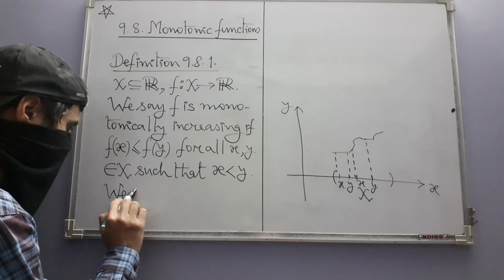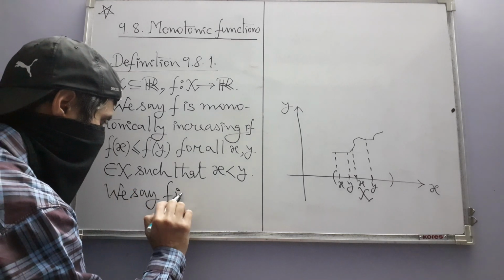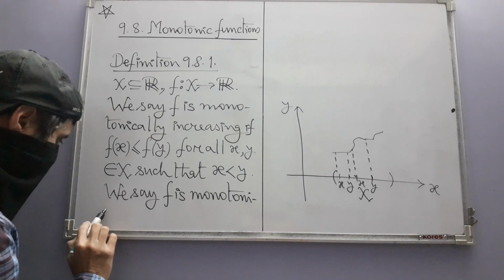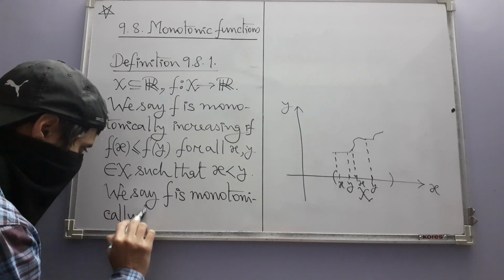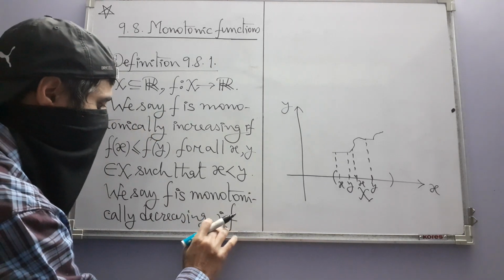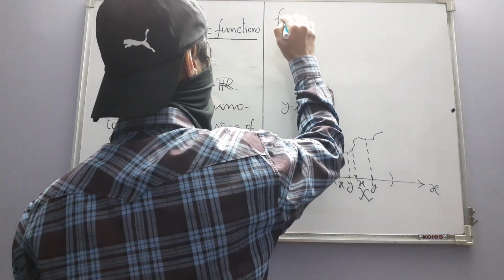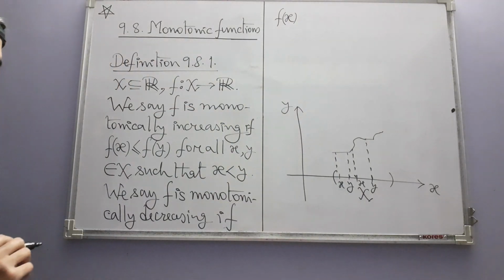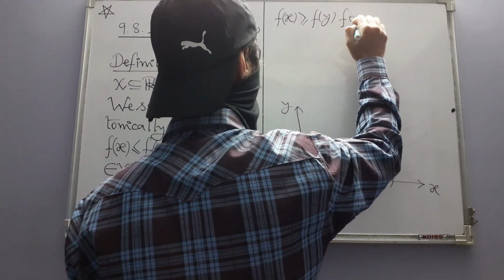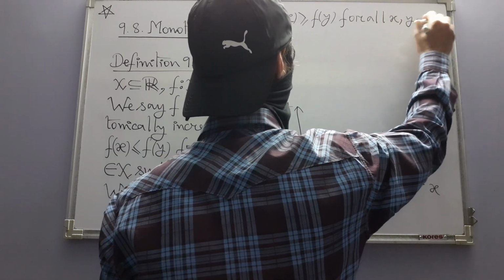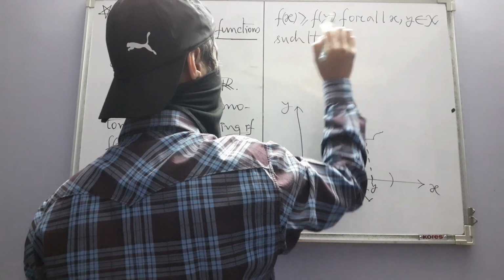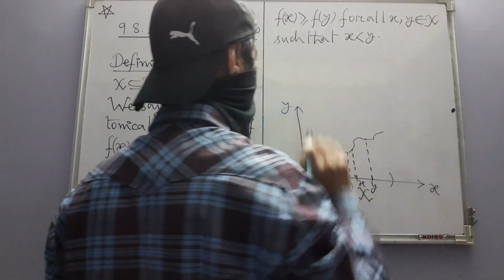Similarly, we say f is monotonically decreasing if f of x, if the opposite inequality is taken, is greater than or equal to f of y for all x and y in x such that x is less than y.